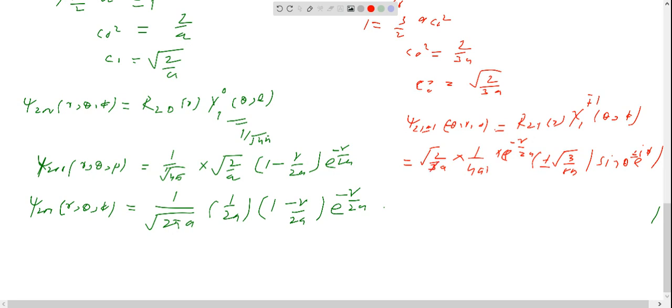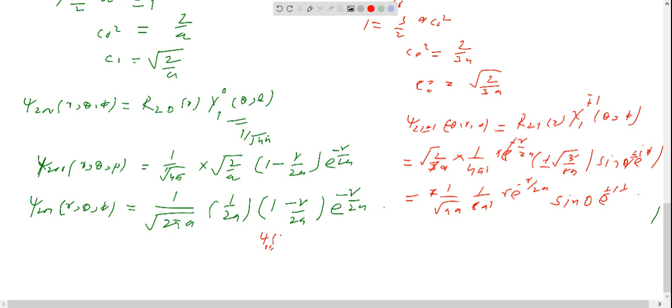So these terms will get cancelled and we get the value as minus plus 1 upon under root pi by a into 1 out of 8 a square e raised to the power minus r out of 2a sine theta e to the power plus minus iota phi.